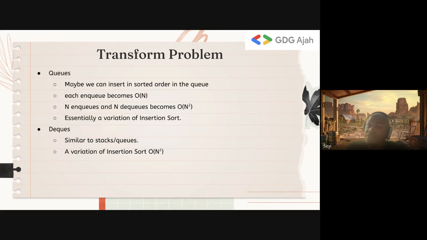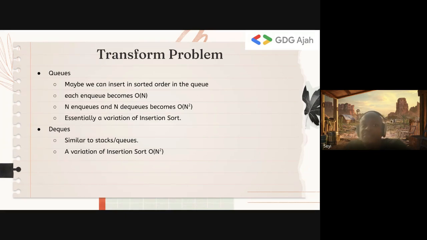Can we use a queue? Maybe we can insert the items in some sorted order in the queue, but if we just dump it into the queue and get it out, we are not getting the sorted order. Each time we enqueue an item, we have to insert in sorted order, or we can dequeue it and insert in sorted order when we are dequeuing.